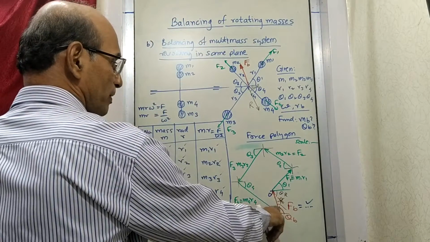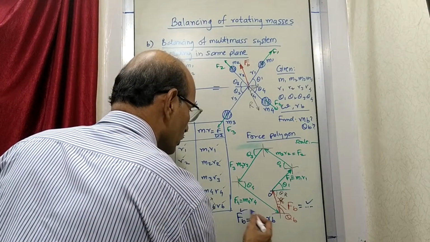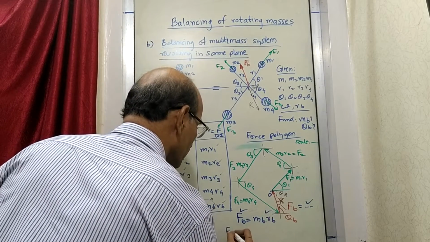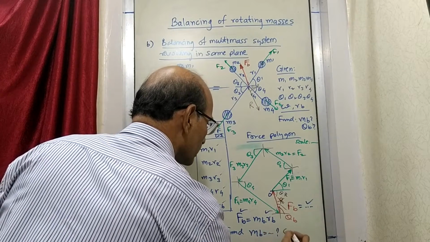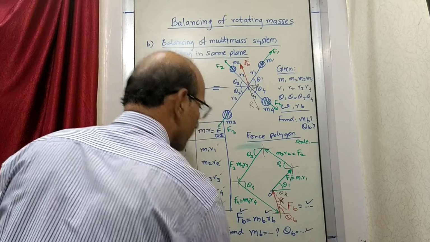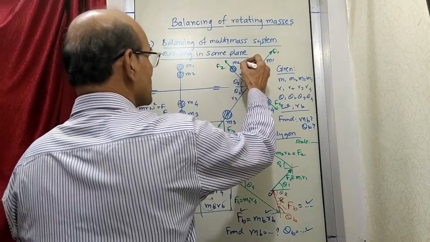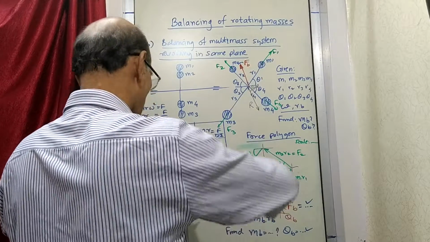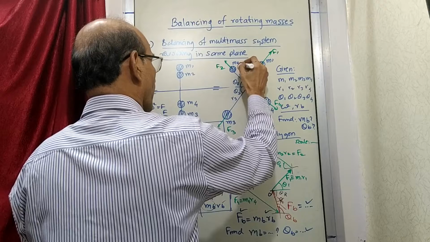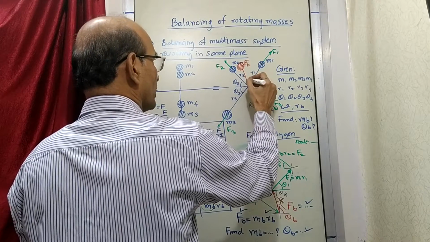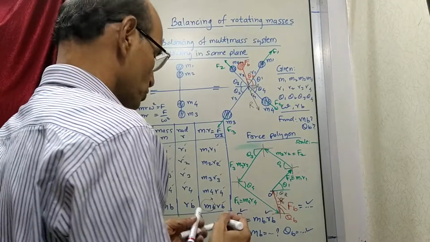So this is theta b, this is FB, and MB you can find out because FB is known, distance is known, you can find MB equal to how much, and theta b also you can measure. So you can find out MB and theta b both, and then you show this mass here. This is the balance mass which is here at an angle of theta b, which is going to balance the system.